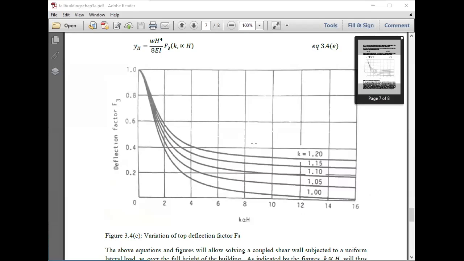So you get W as 6 and height is 64 to the power 4. 8 E value should be in kilonewtons per meter squared.